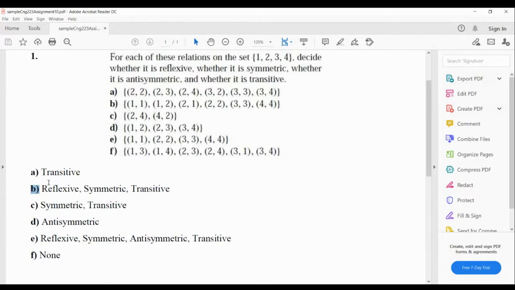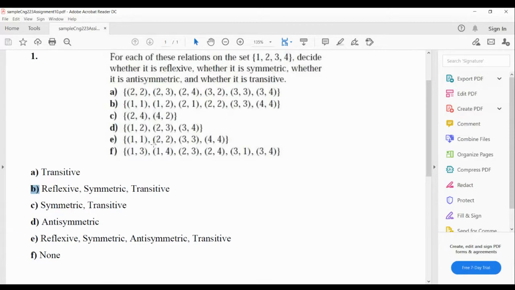So in order to write a complete solution for such questions, if you find a counterexample, you say, okay, this relation is not reflexive because we found the counterexample, and this is the counterexample. Mention the counterexample.